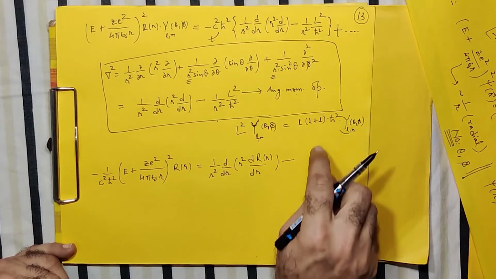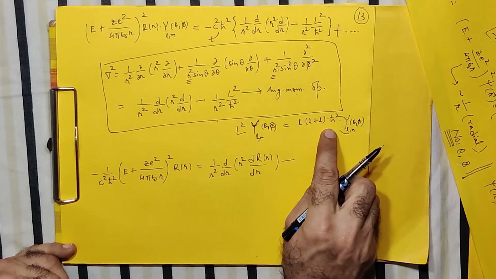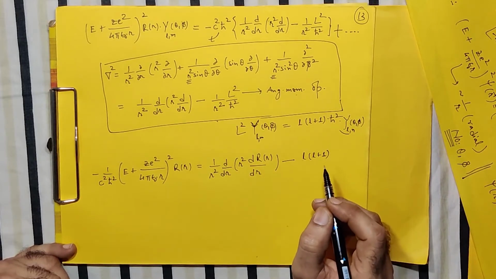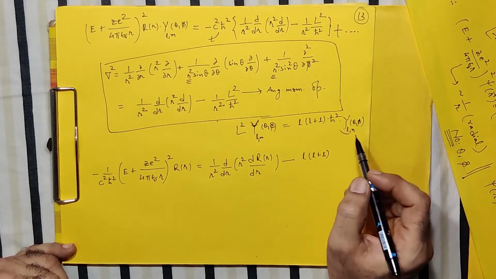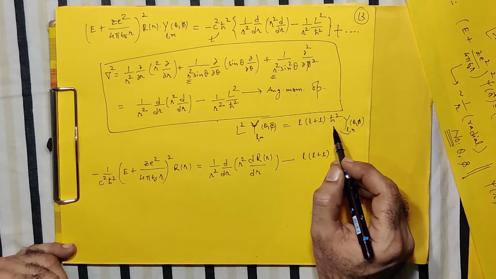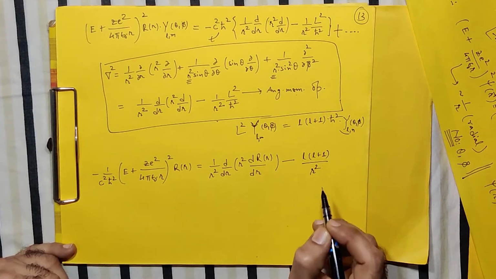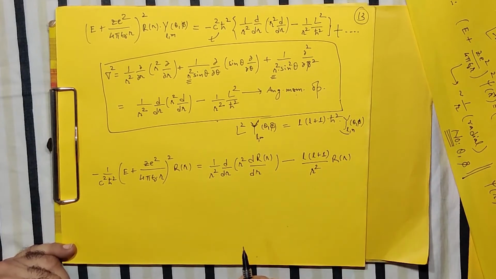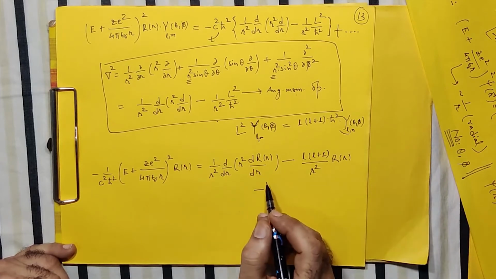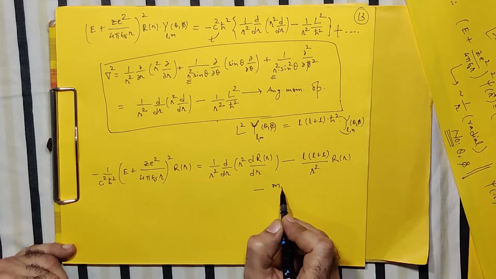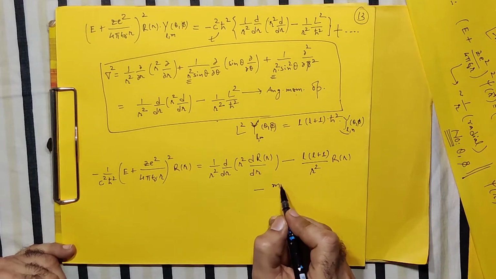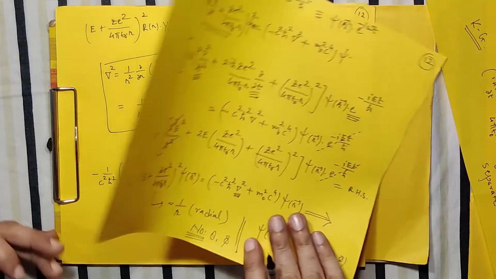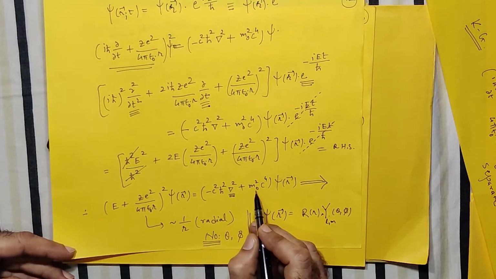This second term which I will be writing, L square is already operated, so it will give me l into l plus 1, correct, and there is already 1 by h cut square, and the h cut square comes in the numerator, so it is gone. So what you have is l into l plus 1 by r square, you are left with the capital R function, and that last term which will be coming as it is, m0 square c raised to 4. Don't forget, the last term was m0 square c raised to 4, just to remind you.